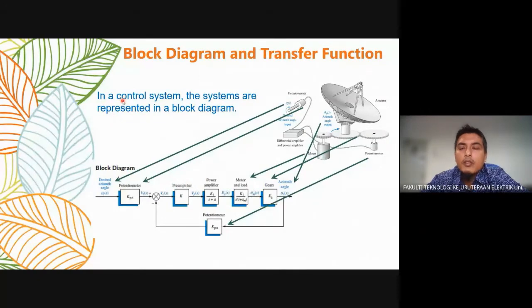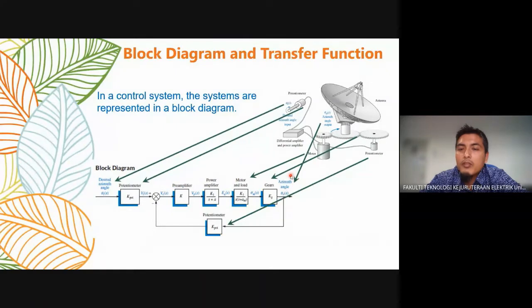All right. So what you did before in control system, the system can be represented in a block diagram. If we have this kind of system, you can convert it to this block diagram. You can see that there's a desired azimuth angle here, and then you have the output azimuth angle.